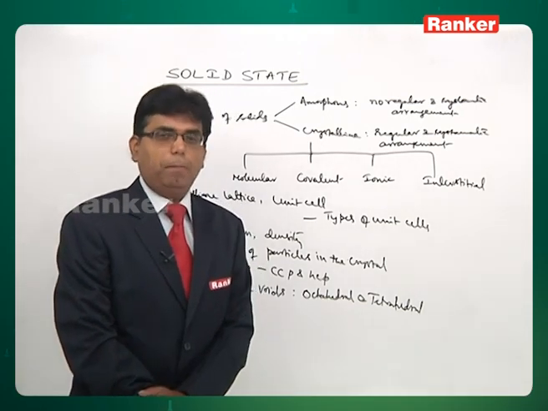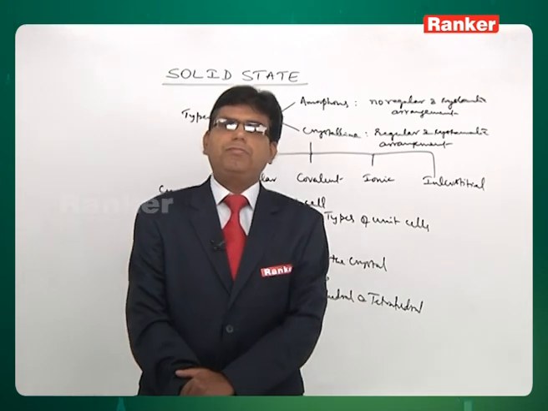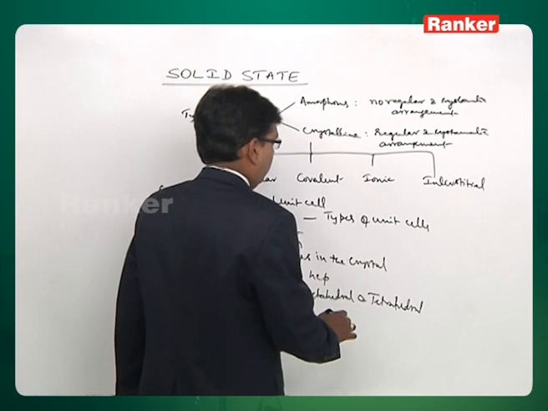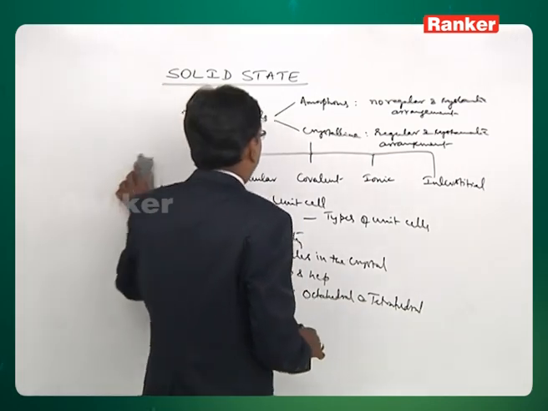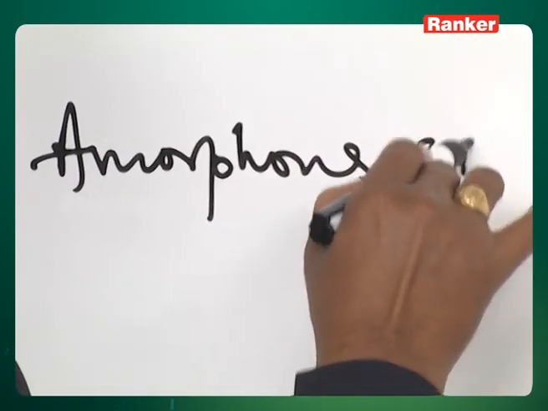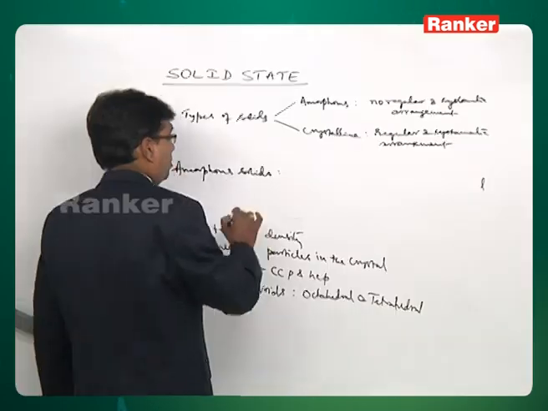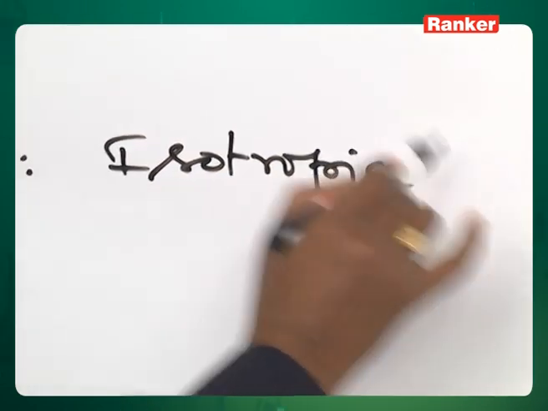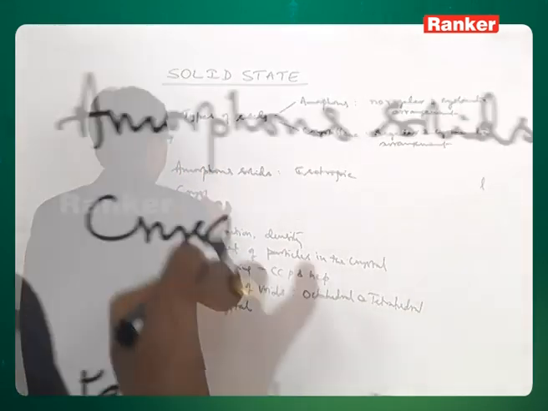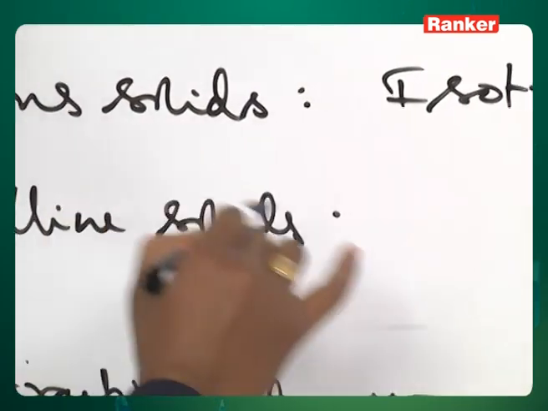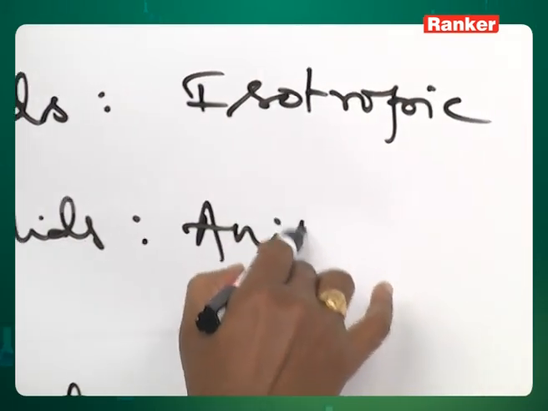Another very characteristic property is that amorphous solids are said to be isotropic, whereas crystalline solids are said to be anisotropic.